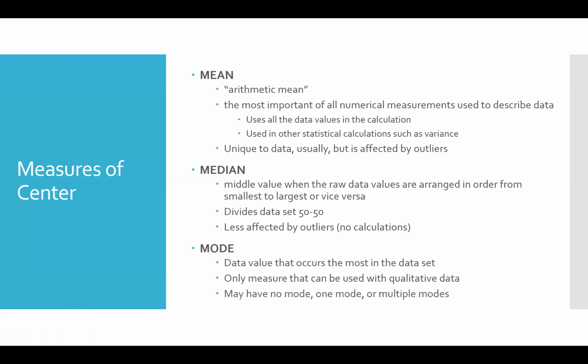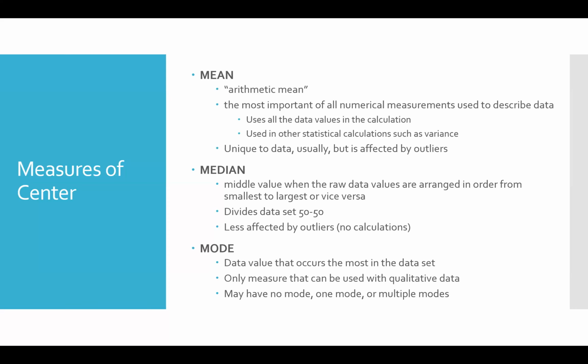Within a data set, there may not be a mode at all. There may not be a value that occurs more than all the others. It might be that you have just one. It's also possible that you could have more than one.